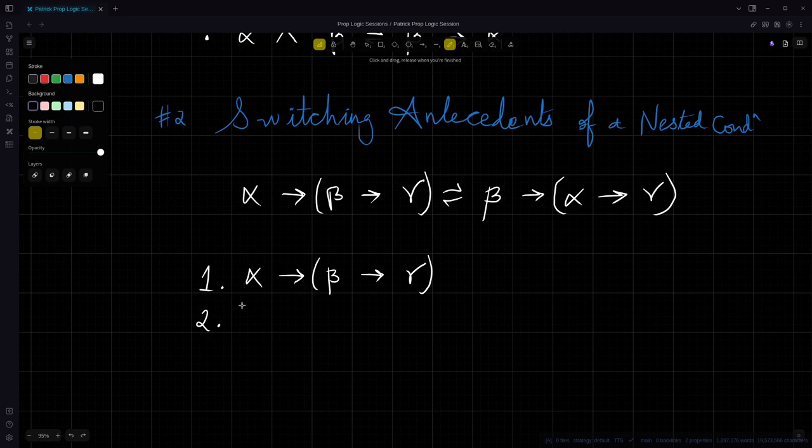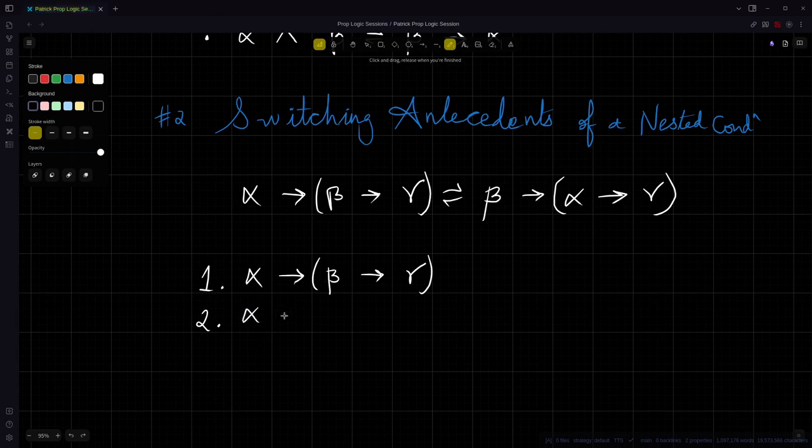So that's what we will be using over here. We could use that, but you could also do it in other ways. Yeah, so you could just do an exportation.